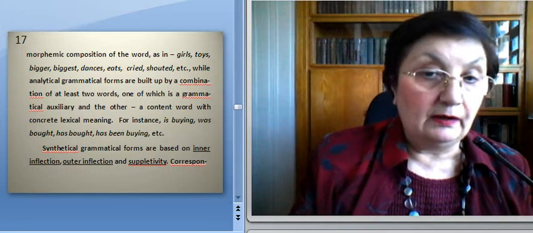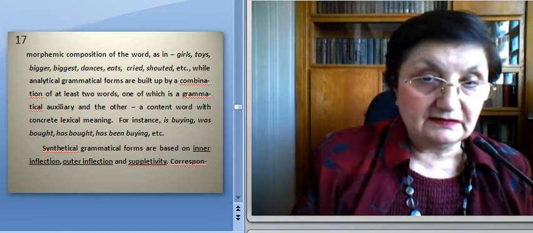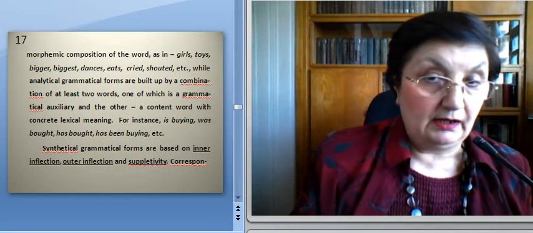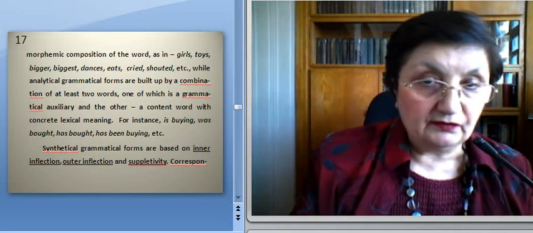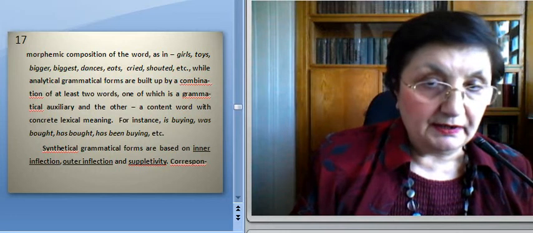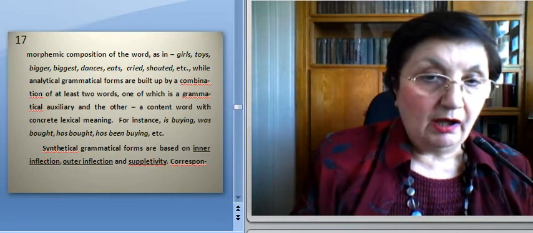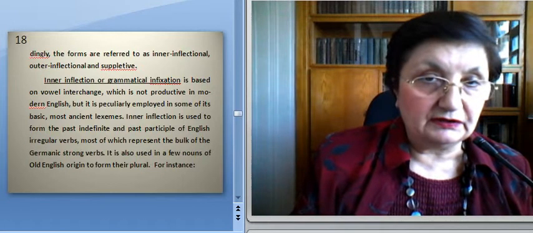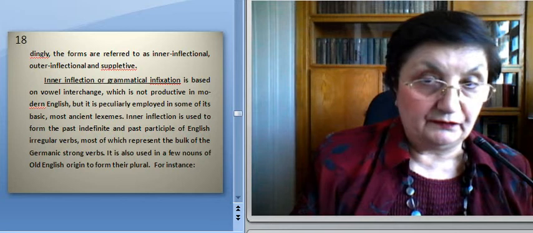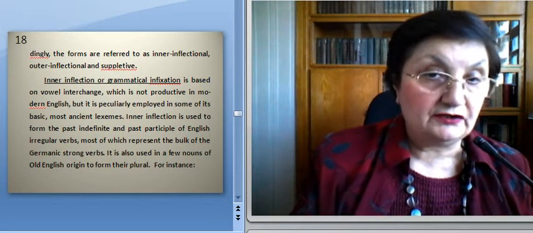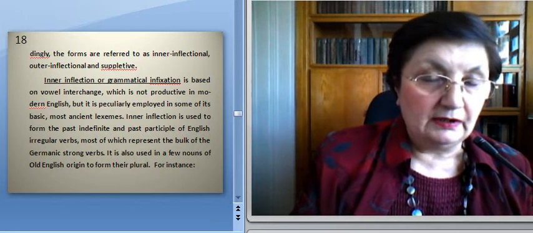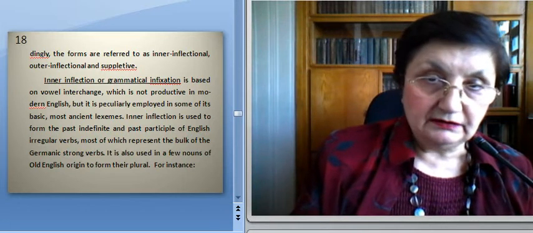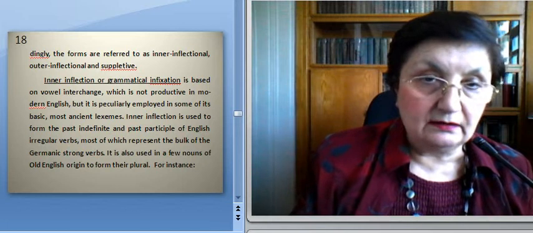Synthetical grammatical forms are based on inner inflection, outer inflection, and suppletivity. Correspondingly, the forms are referred to as inner inflectional, outer inflectional, and suppletive. Inner inflection or grammatical infixation is based on a vowel interchange which is not productive in modern English, but it's peculiarly employed in some of its basic, most ancient lexemes.